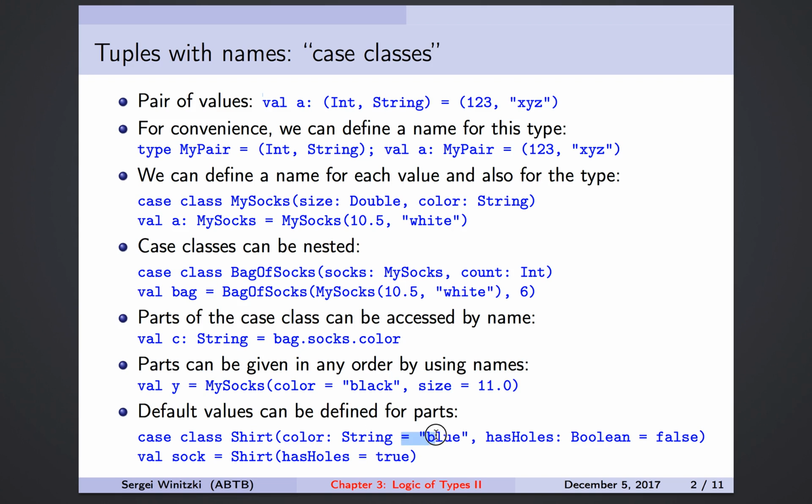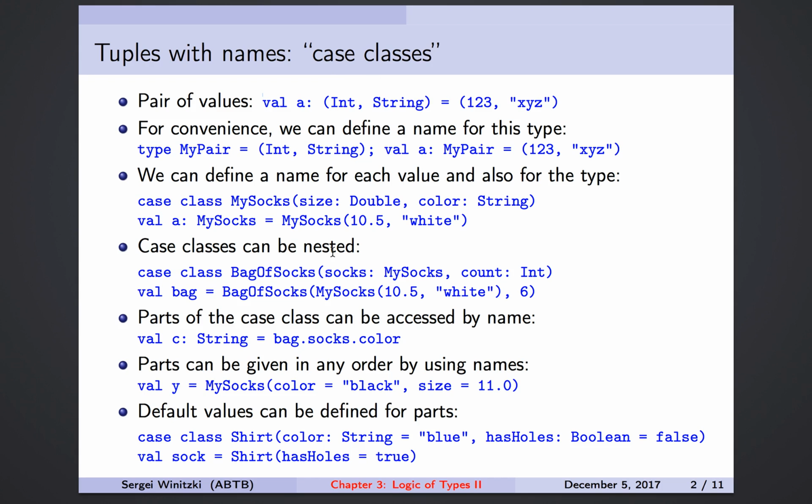And I specify default values for both. So when I generate values of this, I don't have to specify all fields. I can just specify some of them, and the other fields will be generated automatically using the default values. So these are just the features of Scala that make tuples more convenient.